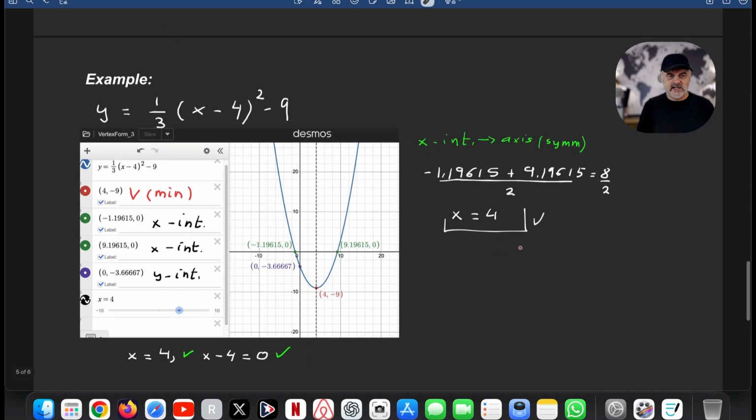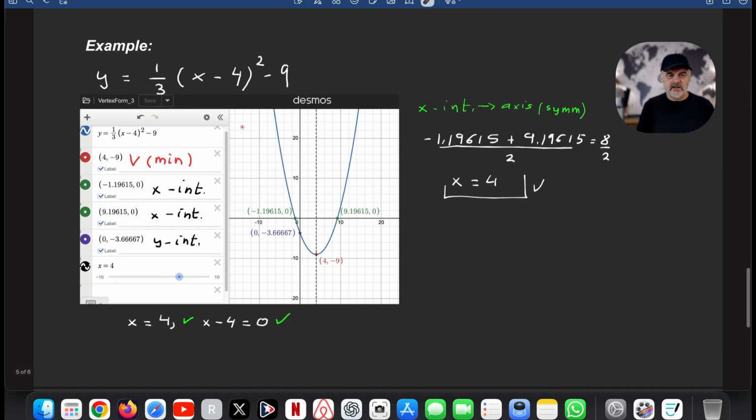Now, the next example has a as a fraction, which can be any real number that is not equal to 0. So any other number except for 0 can be used for the leading coefficient. So this is x minus 4 minus 9.